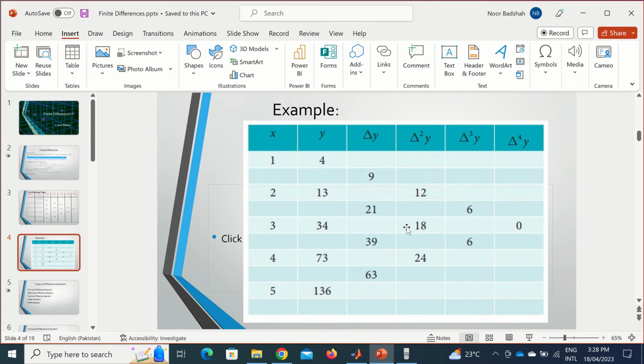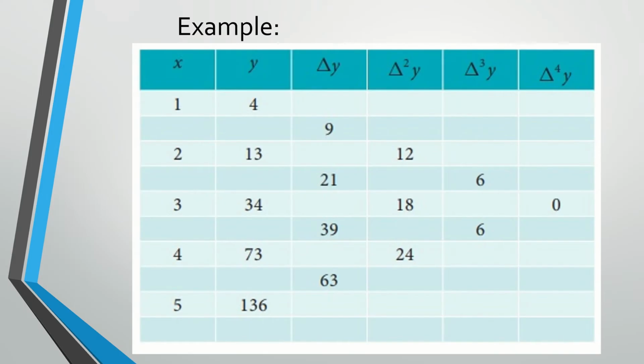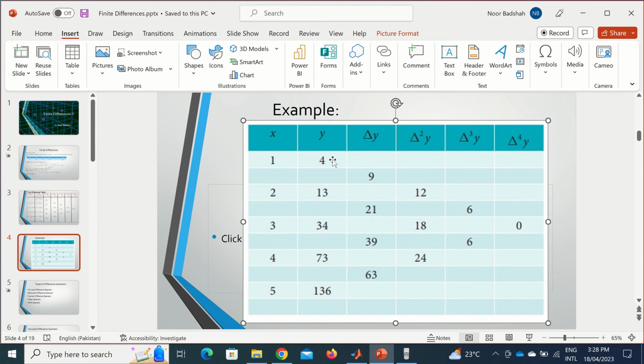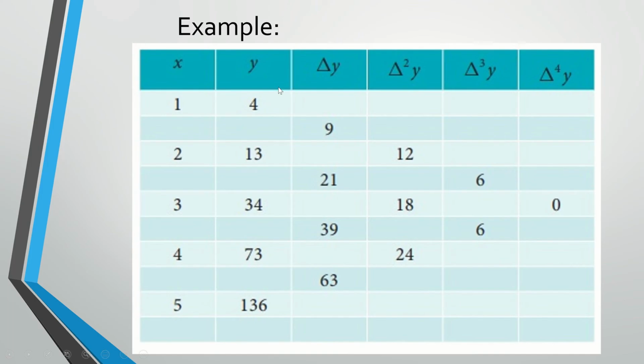So if we label this one as A, let's suppose this is my A, this is my B, this is my C, let's suppose this is my D, and this is my E. So what would I do in the calculator?